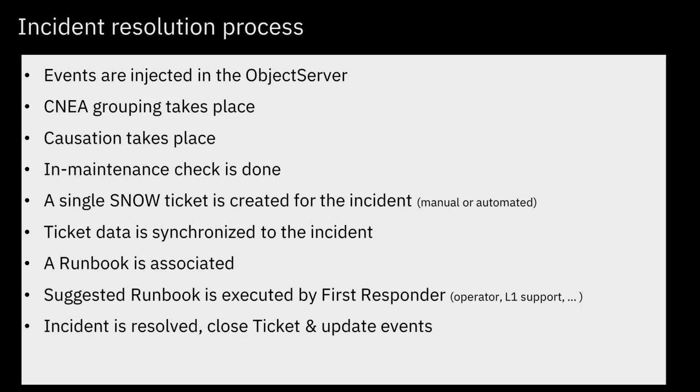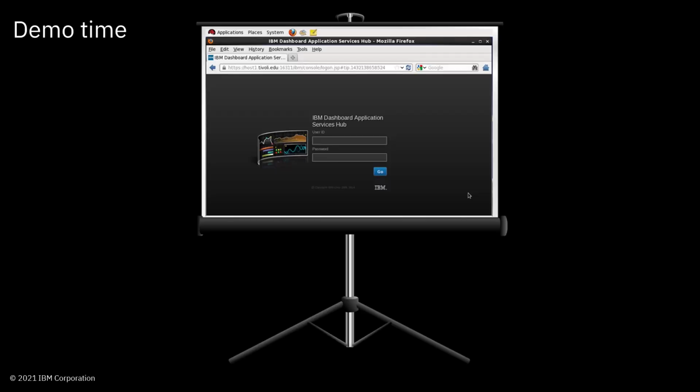And then the second part of the integration, we are going to create a trouble ticket, and see how that integration is done. Then we're going to see how the runbook that we have is associated with the scenario, and then run the runbook. And then finally, we're going to close the ticket and then see the events get updated in the event manager. And with that, we're going into the demo, aren't we?